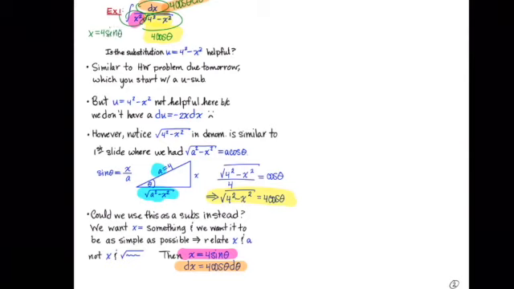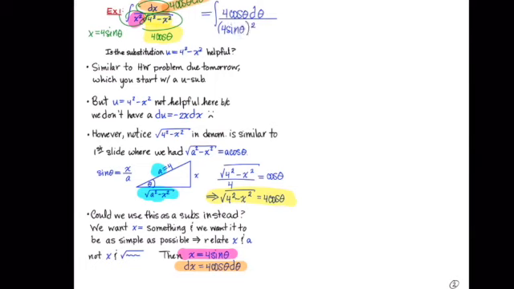So substituting all of that into our integral, that gives us, in the numerator, 4 cosine theta d theta. In the denominator, in place of x squared, we have 4 sine theta, quantity squared.